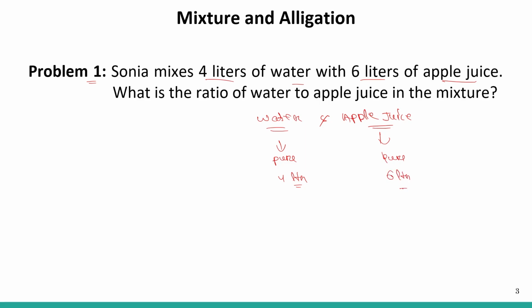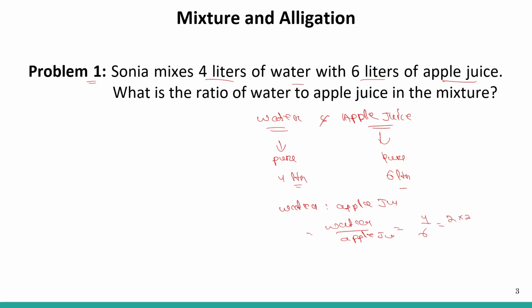It asks what the ratio of water to apple juice in the mixture is. So the ratio of water to apple juice is equal to water by apple juice, which is 4 by 6.